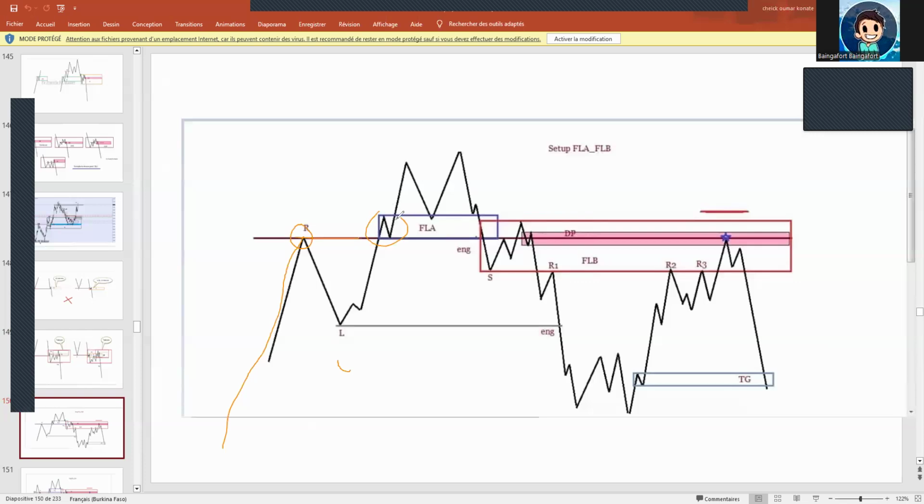Note, it is not obliged to have a decision point inside the first flag. No need for a decision point inside the first flag. Now look, the price moves up, then goes down, comes back to this flag, moves up and breaks it.